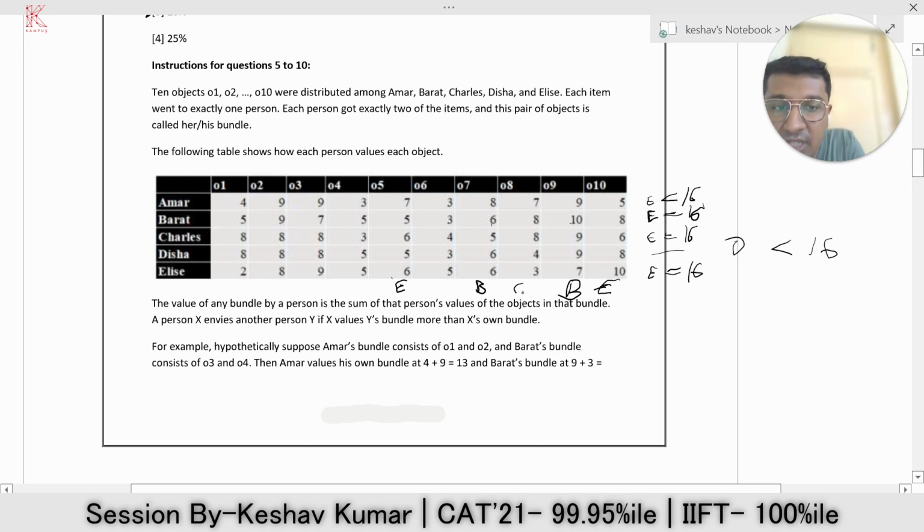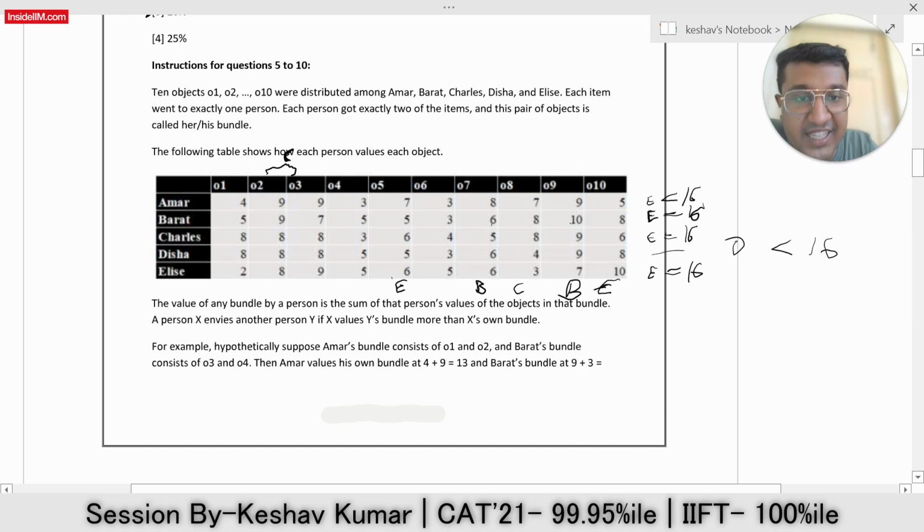So Charles must get O8 because that gives him 8 value, and the other one will come from any of these three. Alright, and I also know O1 and O8 went to 2 different people, so Charles can't get O1. So he must get O2 or O3, one of them.